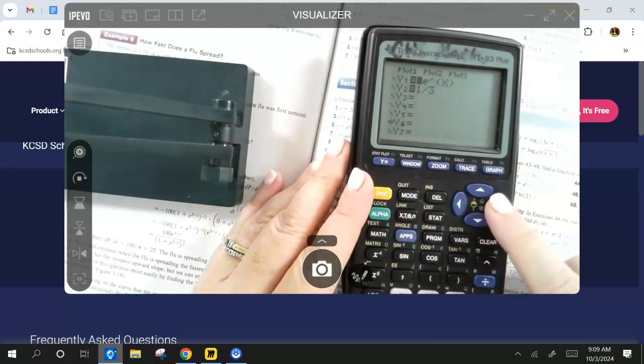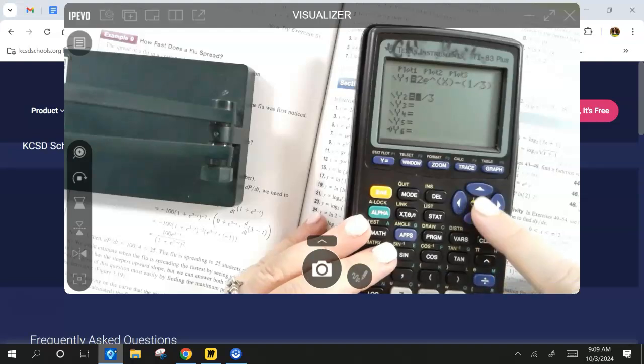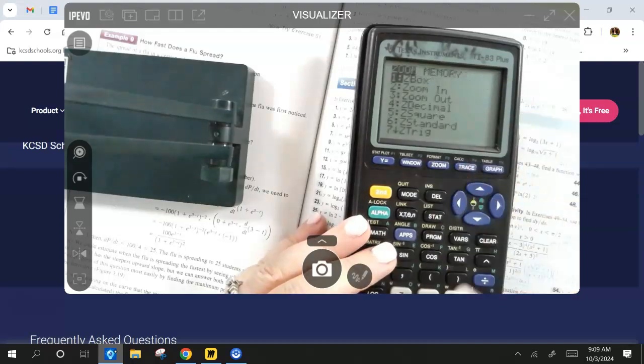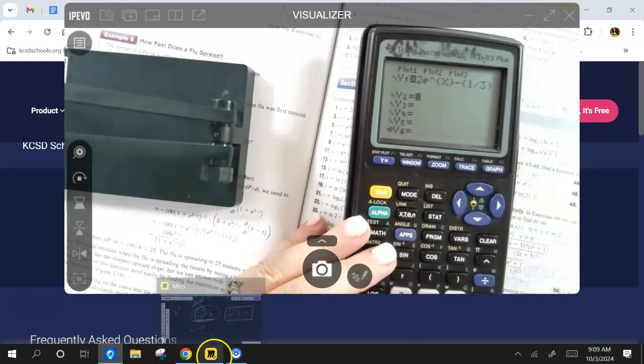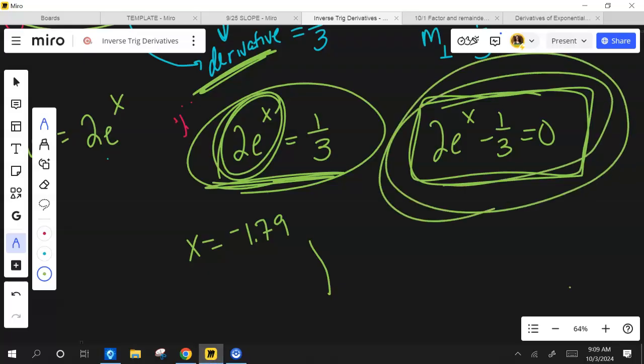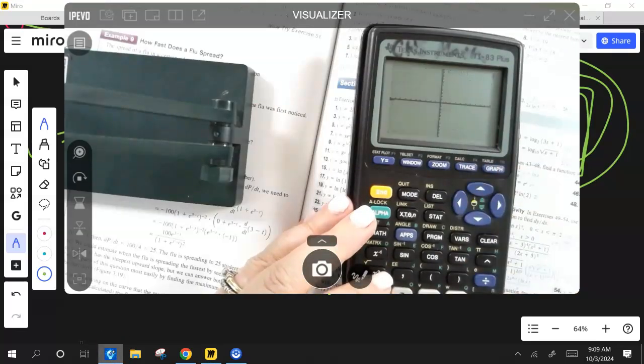It doesn't matter to me. Minus 1/3. Set the equation equal to 0, right? That's what equals 0 here. And then I'm just going to find where it crosses the x-axis, but then I do have to do the left-right bound.